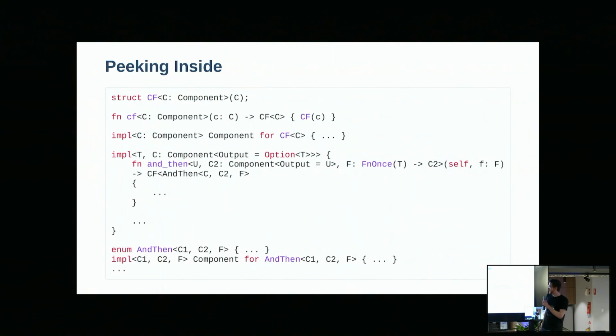So let's take a look under the hood. This is a very tiny snippet of the implementation of the control flow API. It adds this wrapper, CF, which stands for control flow, which just wraps a component and adds a bunch of additional methods, these combinators for sequencing and doing computations on the results of components.